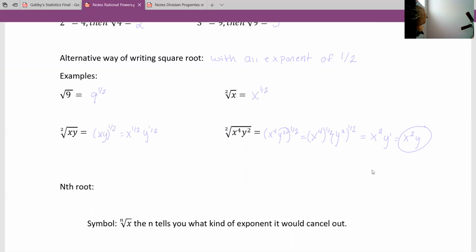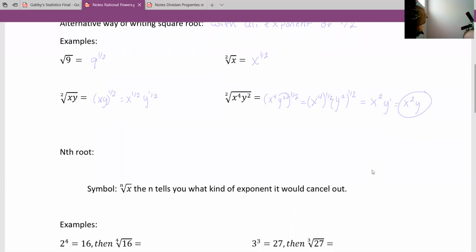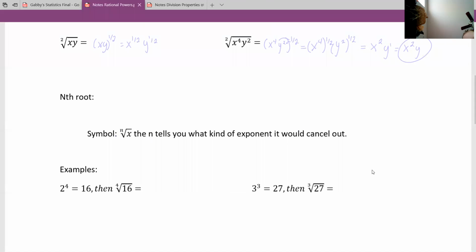But what we're really concerned about is that I can change a square root or a radical to the exponent 1/2. Now there's more than just the square root. There's n different roots.